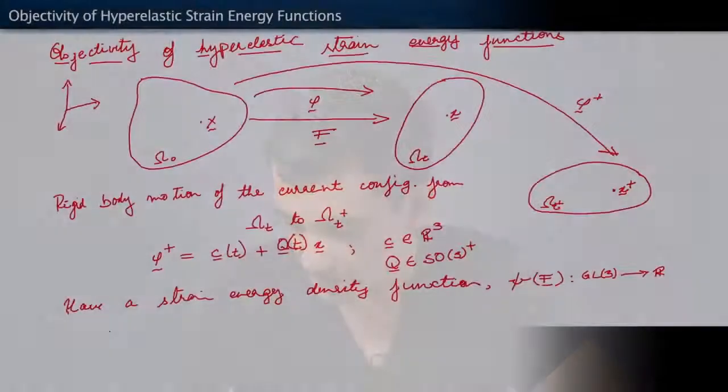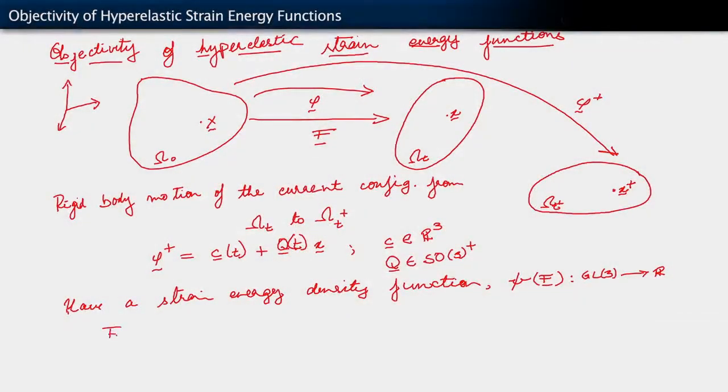Okay, so we have F plus then, which is, we've seen already, well, this is the definition of F plus. And we saw previously that this is now given to us by Q, function of time, acting on F.